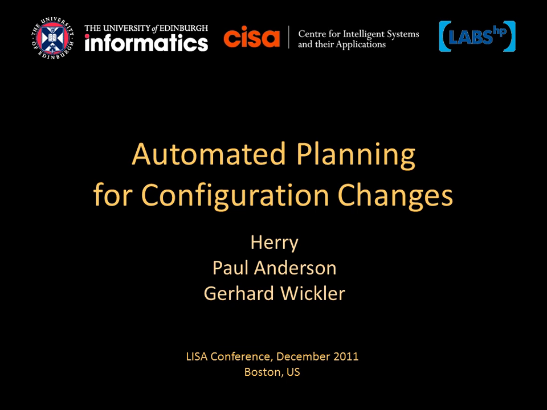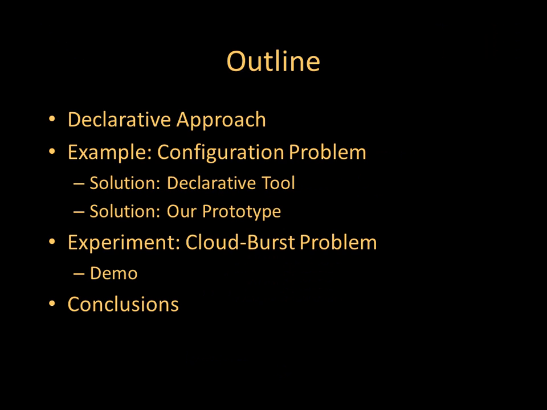But unfortunately, there is a condition where we cannot use this feature at all. In this presentation, we will show the example case as well as how we can overcome this shortcoming. As outlined, first we will describe a little bit about the declarative approach. Then we will present a simple example of a configuration problem which shows the shortcoming of the declarative approach.